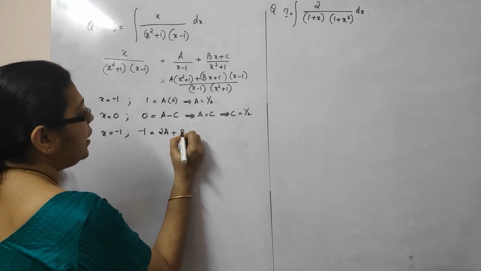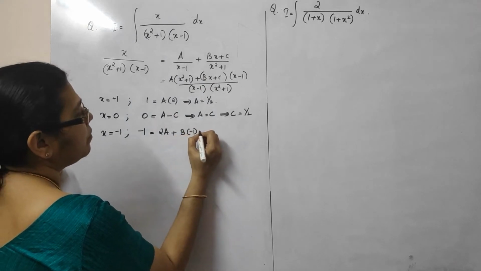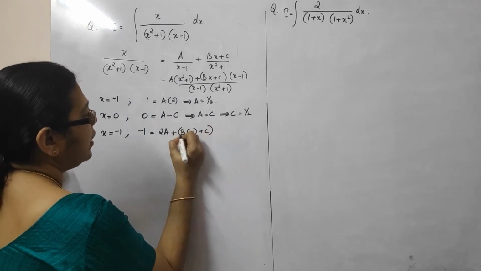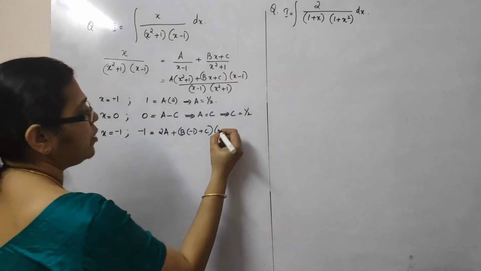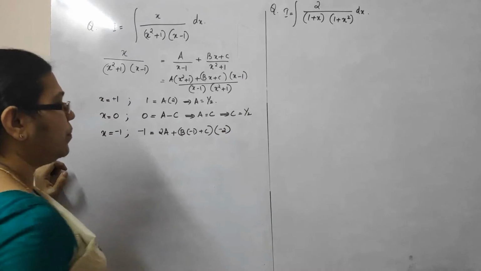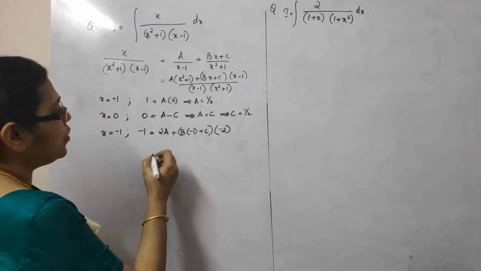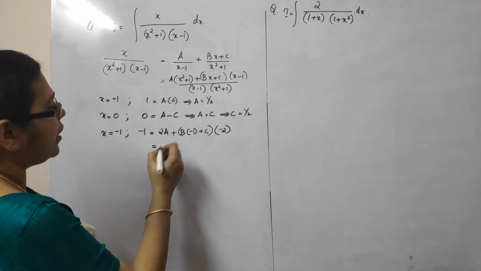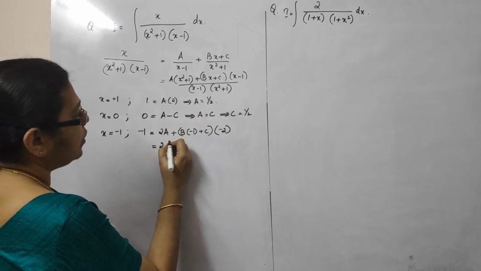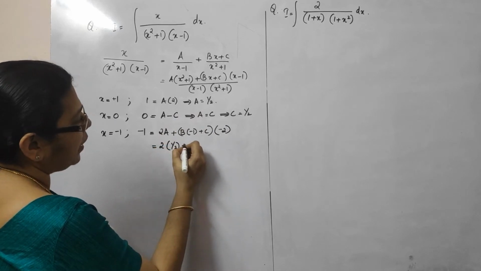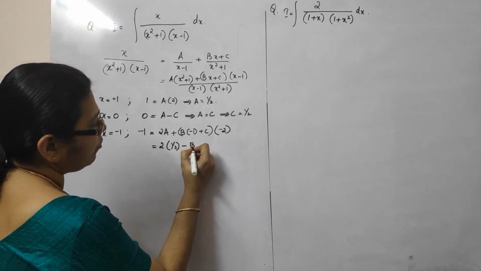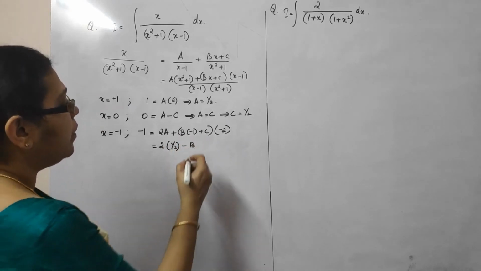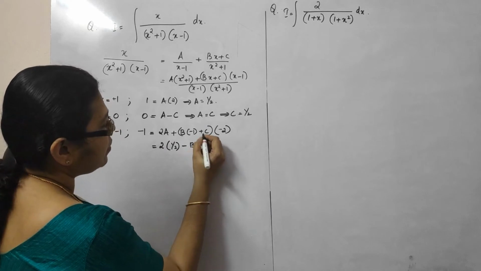Plus B into minus 1 plus C into minus 1 minus 1, that is minus of 2, right? So this is equal to, what is the value of A? 2 into 1 by 2 plus minus of B.